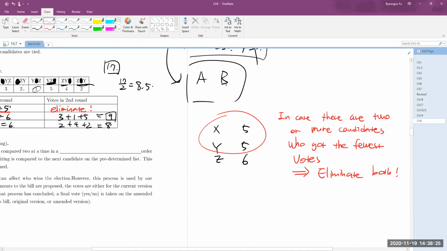Eliminate all, sorry, maybe there are more than 2, so eliminate all such candidates in the next round. That's one possible situation.